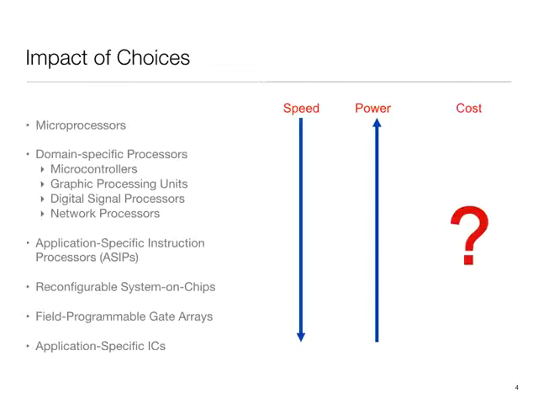Cost. What do you think about cost? So which one would be cheaper? ASIC in large production, and if I'm making only one-off, then up here, right?